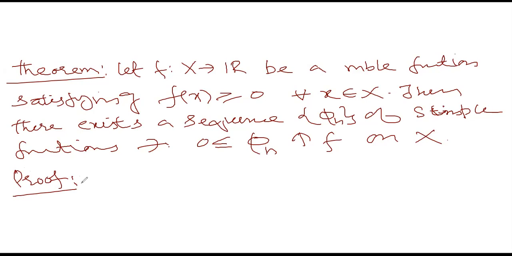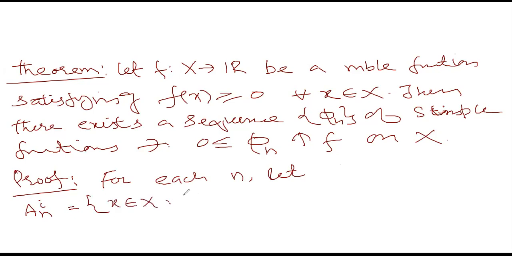Okay, so we try to define that sequence of step functions. First of all, we define sets for each n. For each n, let A_{n,i} be the set of x belonging to X such that (i minus 1) times 2 to the power minus n is less or equal to f of x, which is less than i times 2 to the power minus n.